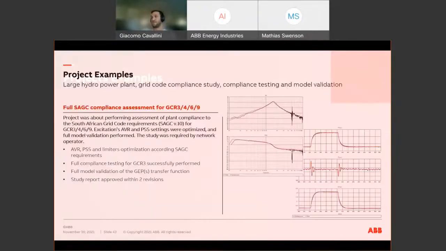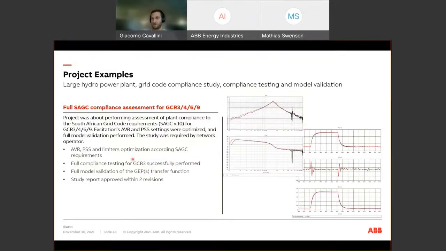And some examples, now to finish off, of projects. Recently, for example, we did a full South African grid code compliance of a large hydropower plant. And we did all the simulations for the excitation system. We simulated all the test cases required by the GCR3, for example, of the South African grid code.